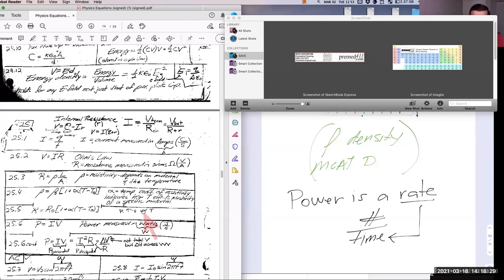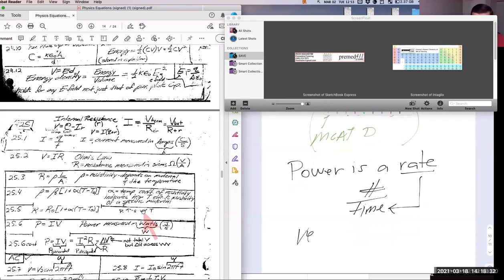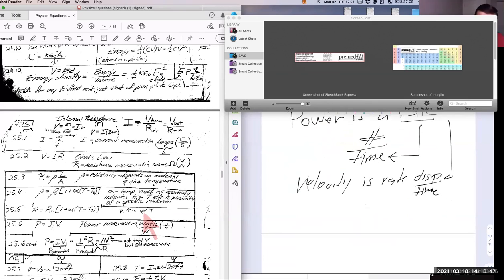Like velocity. Velocity is a rate. So this would be displacement over time. So the symbol for power is P, and for power we're usually going to use joules or kilojoules. It's going to be joules per second, and that's going to be power.